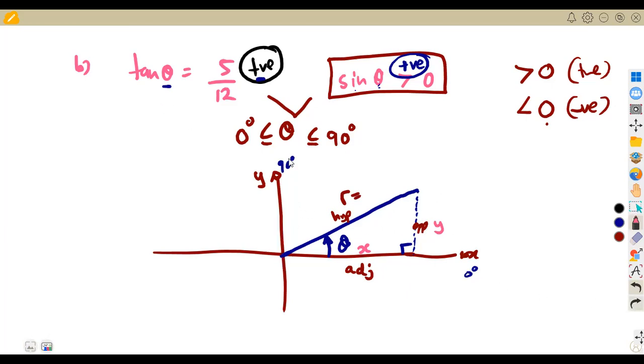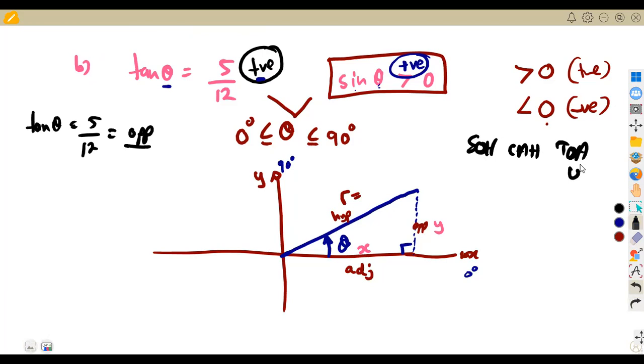All right, so let us see what we have from this ratio, guys. As you can see, it's positive, and as we know from our SOH CAH TOA concept, the ratio of tan is opposite over adjacent. So there we are given the tan of theta being 5 over 12. That means we've got the opposite and the adjacent.